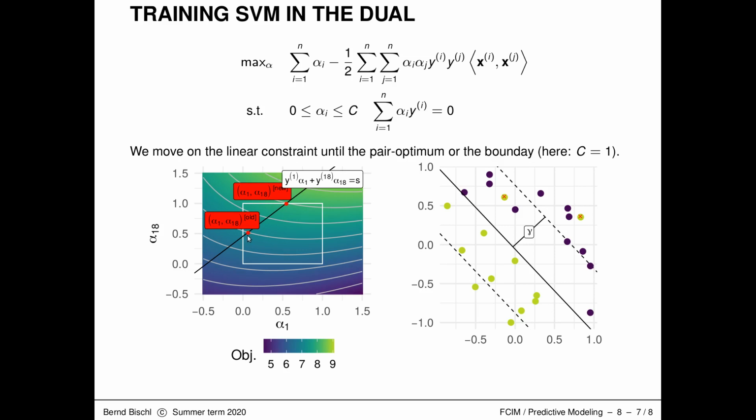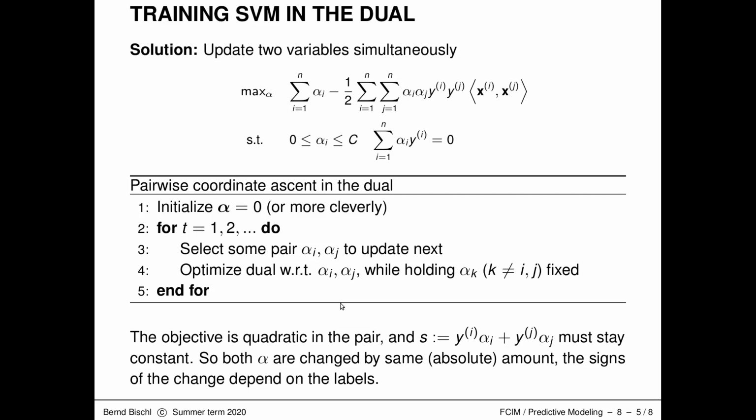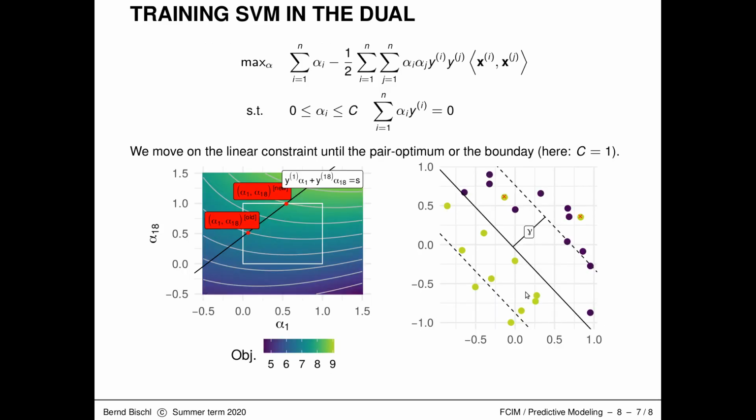So my current configuration, or parameterization of alpha 1 and alpha 18, I'm assuming is here on this red point. Now, the last thing I need to consider is this linear constraint. And this linear constraint tells me, I could also say directly this constraint here, this tells me that I can only move on this line where this sum is constant.